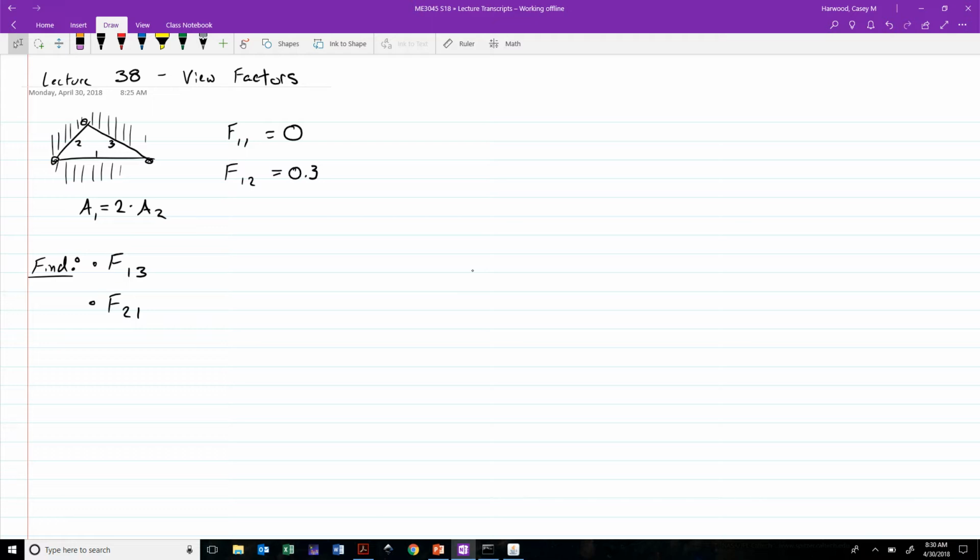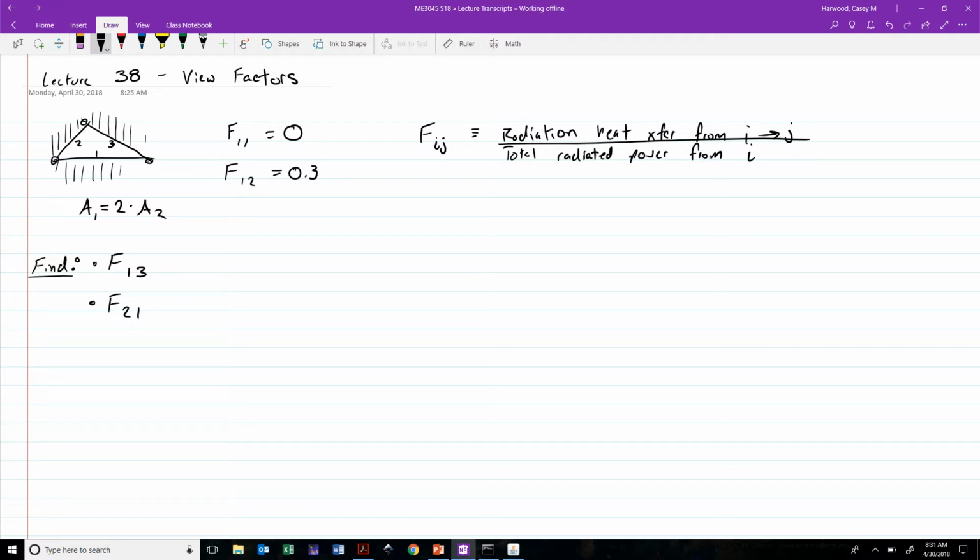Remember, last time we wrapped up by talking about this thing called a view factor. The view factor was defined as F i to j, the radiation heat transfer from a surface i to j divided by the total radiated power from surface i.